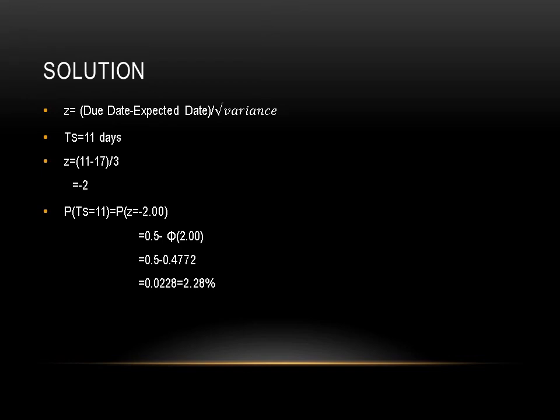That is, there is a probability of 2.28% only to complete the project in 11 days. If the expected date is 17 days for the completion of a project, and we want to complete it in 11 days, that is 6 days earlier, the probability of completion is 2.28%. That is pretty low.